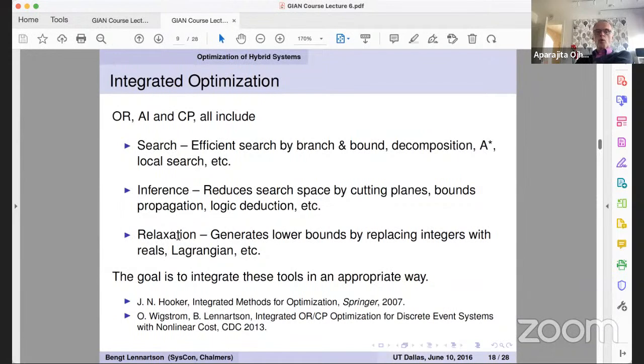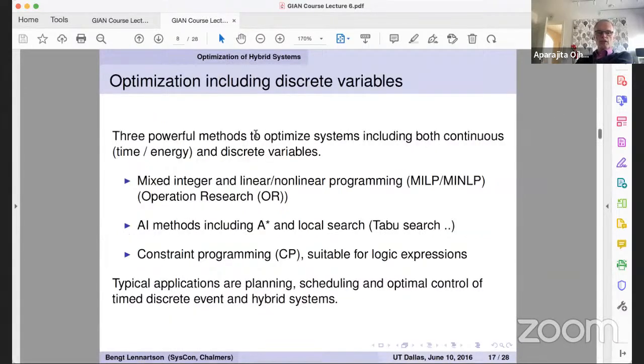So you could say that all these three method areas include different aspects of these parts: search, inference, and relaxation. So Hooker's message in his very interesting book is that we should combine what we can learn from all these three areas within these specific topics: search, relaxation, and inference.